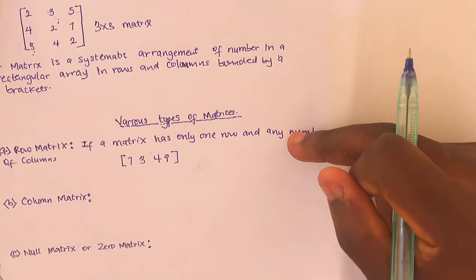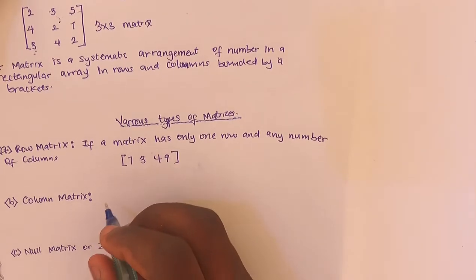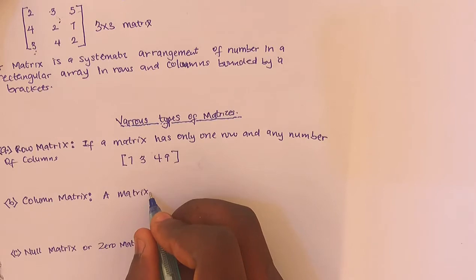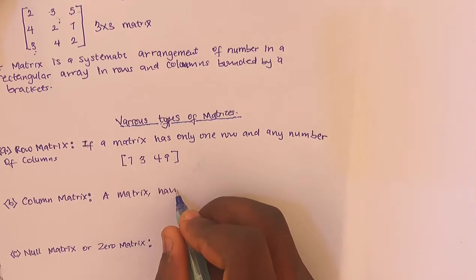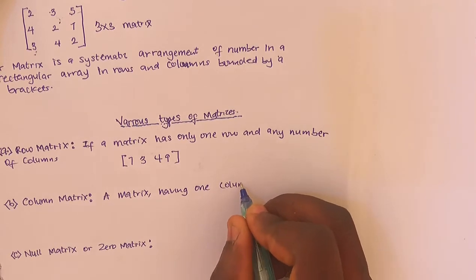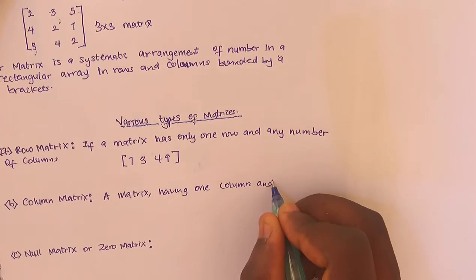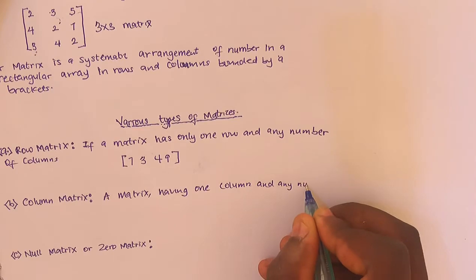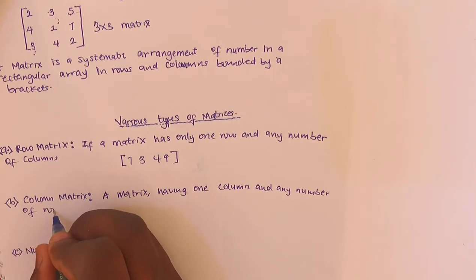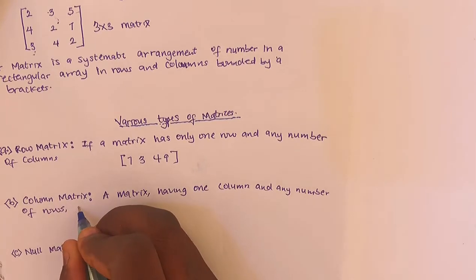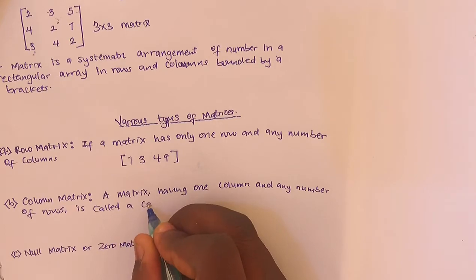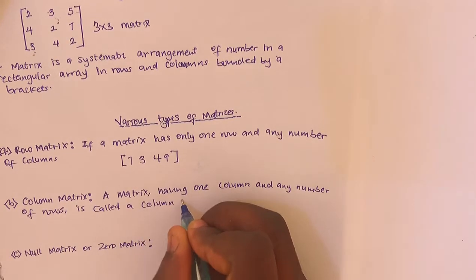So a matrix having one column and any number of rows is called a column matrix.